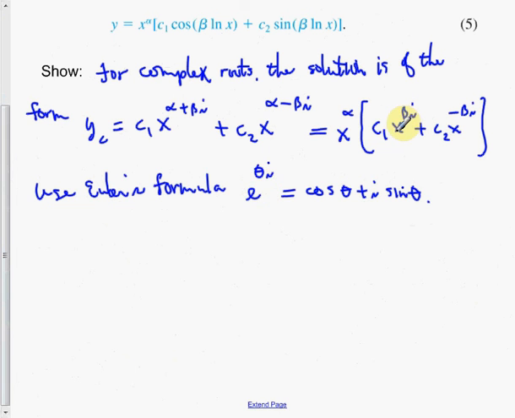I have x. My base is not e, my base is x. That's okay. We're good. So what we'll do here is translate this x term into a natural base e form by doing this. We'll say here x to the beta i is equal to e to the natural log of x to the beta i.